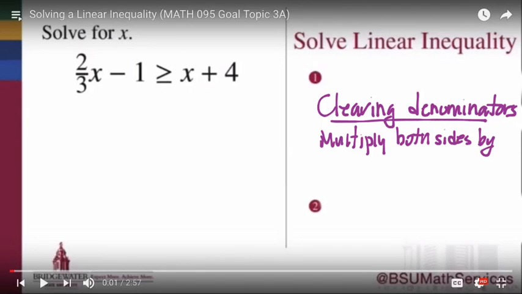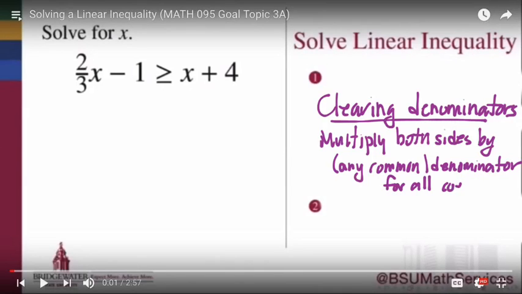But if I had multiple fractions, what I would just do is I would find any common denominator for all the fractional coefficients. So in this example, we only have one denominator to work with, 3. So we can just use 3 as the number that we're going to multiply both sides of this inequality by.